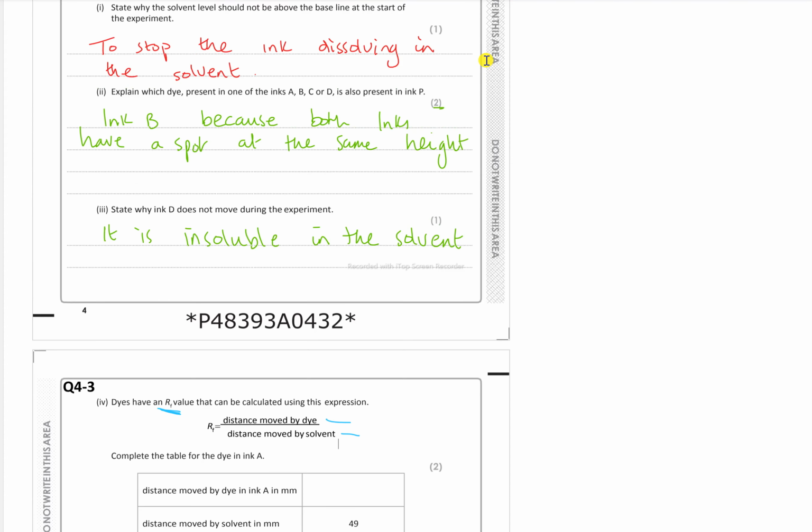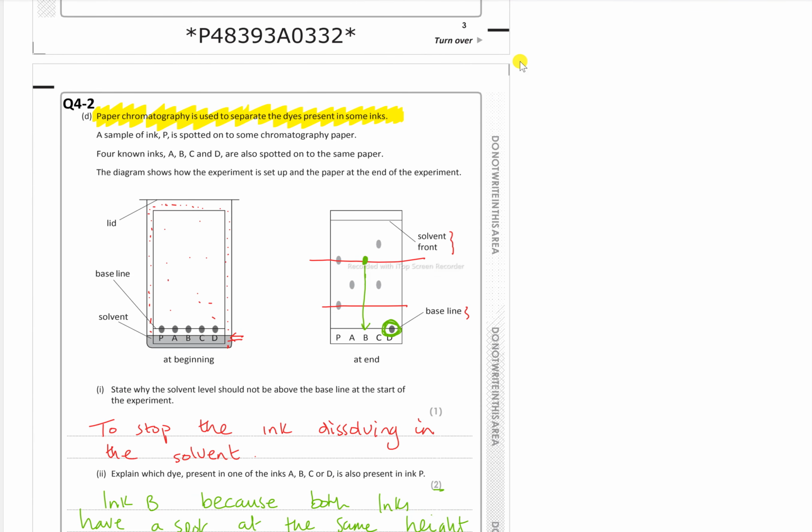If I want to check the retardation factor of this, that there is the distance of the dye, and then I've got the distance from here all the way to there.